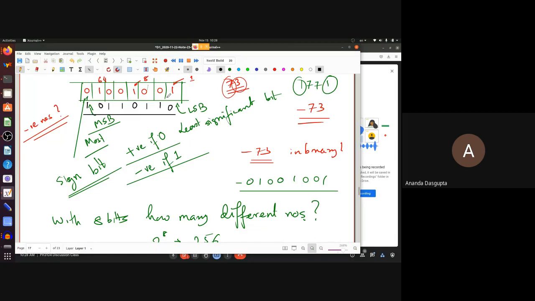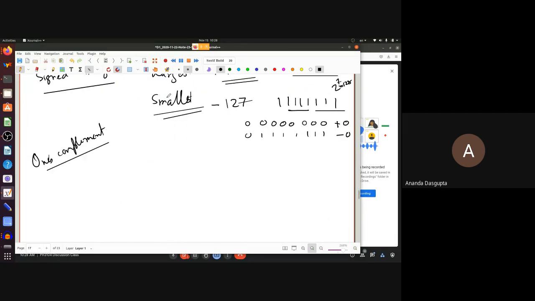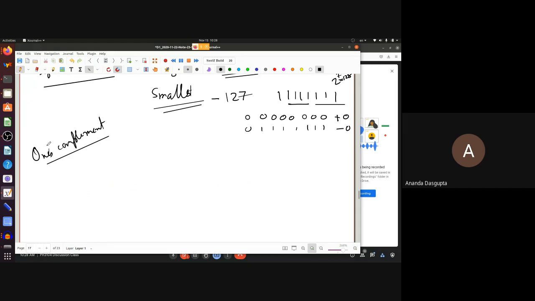Okay. However, there's still a problem. So what's the largest number now? The largest positive number has to start with 0. To be large, it has to have as many ones as possible.